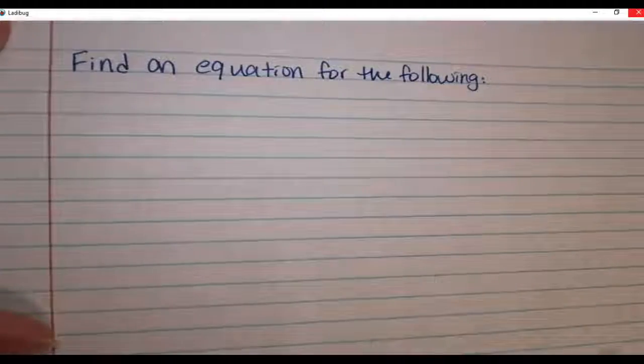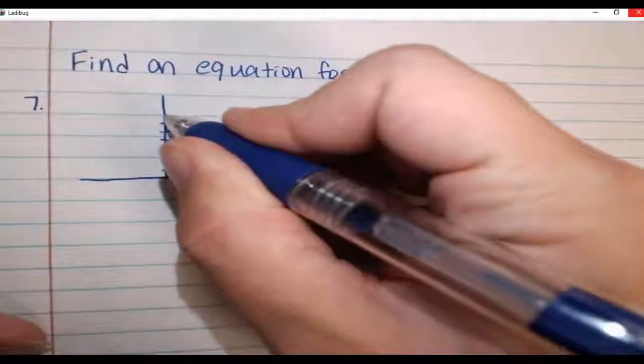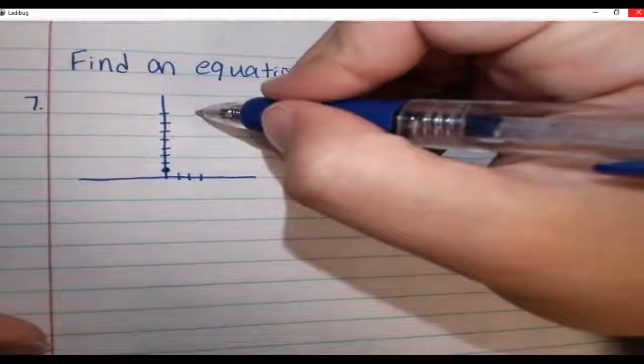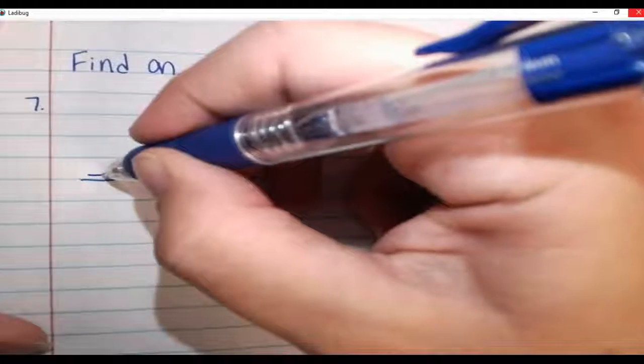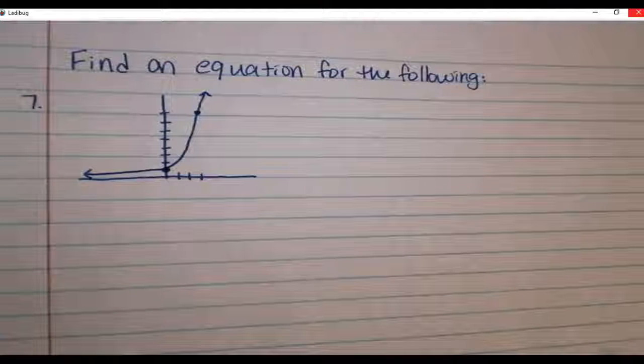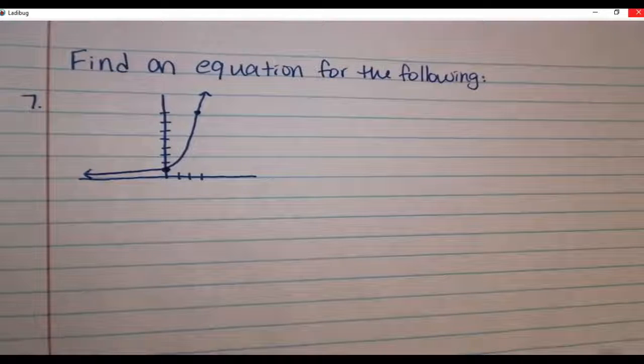So let's say we had a graph. So we have our y-intercept at 1, and then that point is at 3, 8.